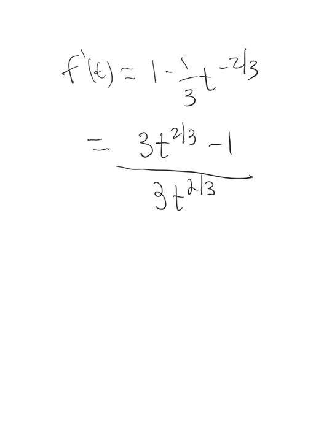So you can double check. If you split up this fraction, you'll get back the previous expression. So this is an equivalent expression for the derivative, and it's actually more convenient for us because now we can easily identify the critical numbers.